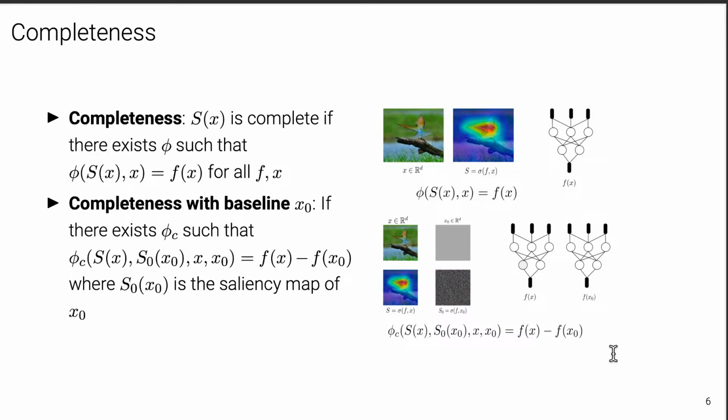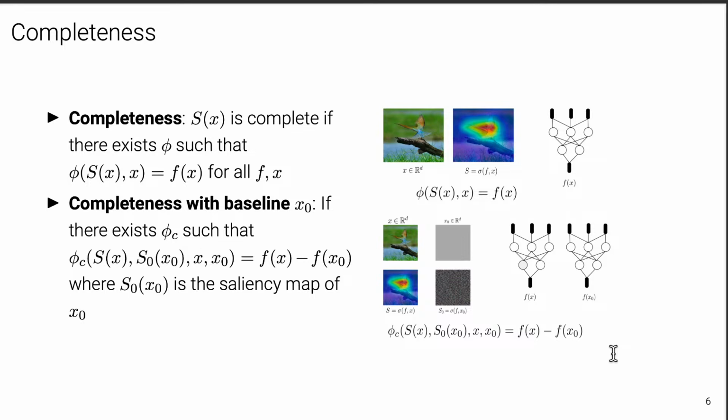That means that if we are given just the saliency map and the input, we should be able to predict the model behavior for all networks and all inputs. The saliency map and the input are the only things we need to recreate the model outputs. You can think of it as coverage: we are covering all the cases of our model if we satisfy this completeness requirement.